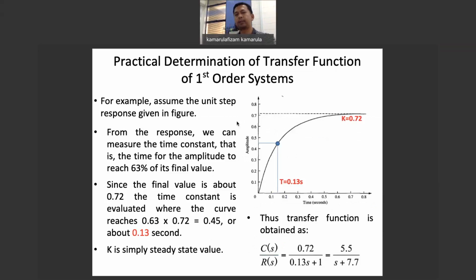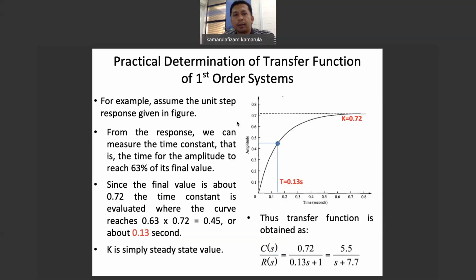Previously, we drew the graph from the transfer function after injecting the system with a test input signal, which can be parabolic, ramp, unit step, or impulse. In this case, you can practically get the system transfer function by looking at the transient response or the graph.